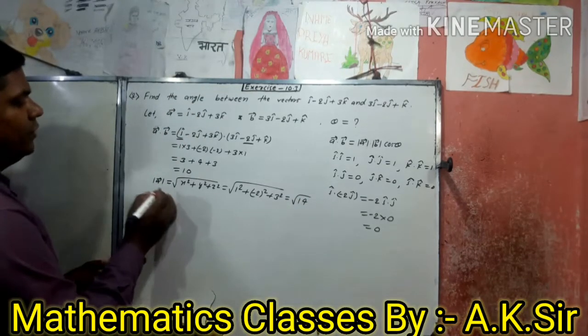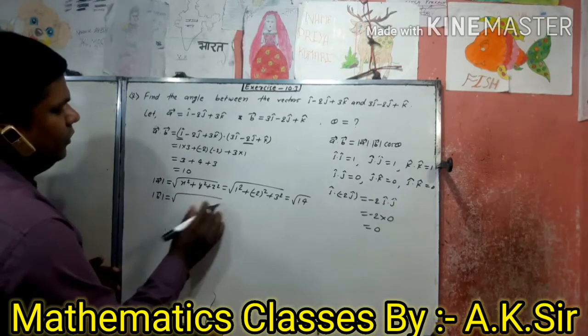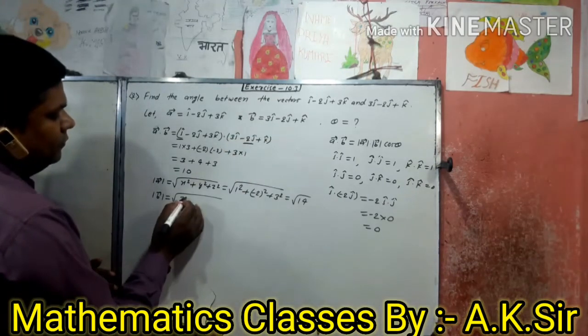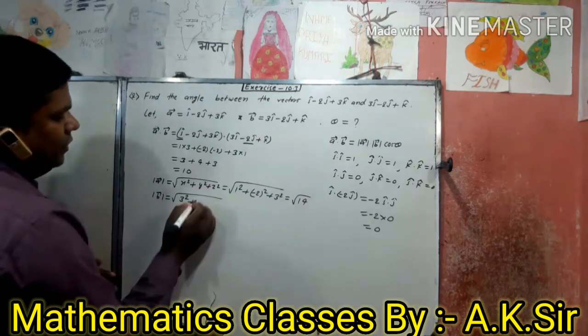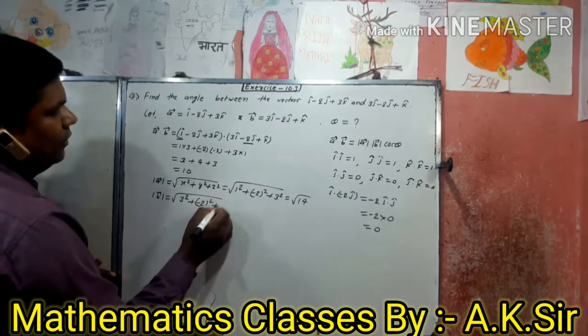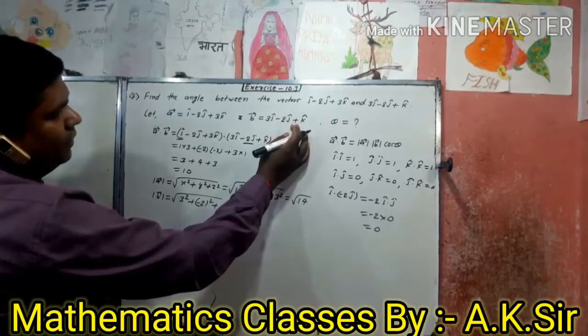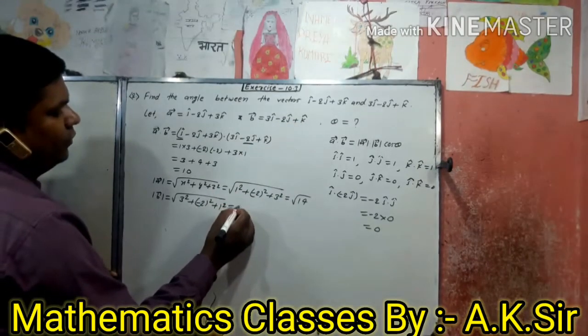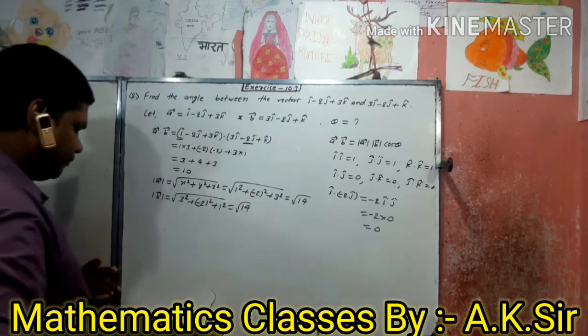Magnitude of B is under root 3 square plus minus 2 square plus z equal to 1, so 1 square, which is equal to under root 14.